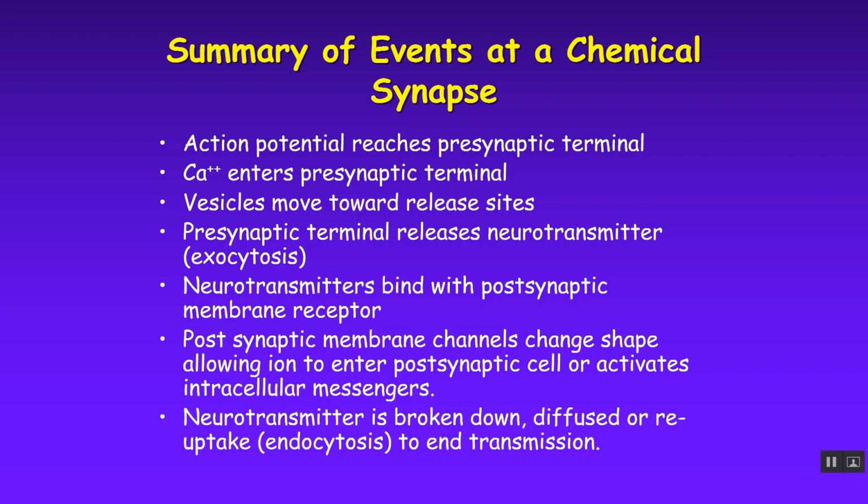When it gets to the very end of that presynaptic terminal, we also open voltage-gated calcium channels. Just like there are voltage-gated sodium channels, we have a concentration of voltage-gated calcium channels in that presynaptic terminal, so the calcium channels open.